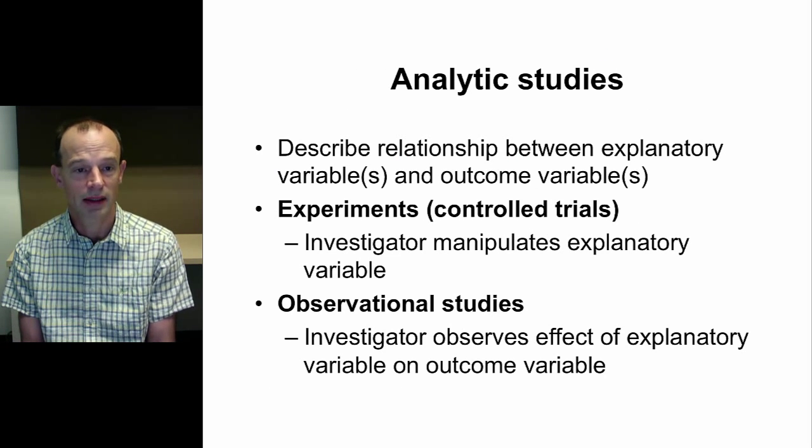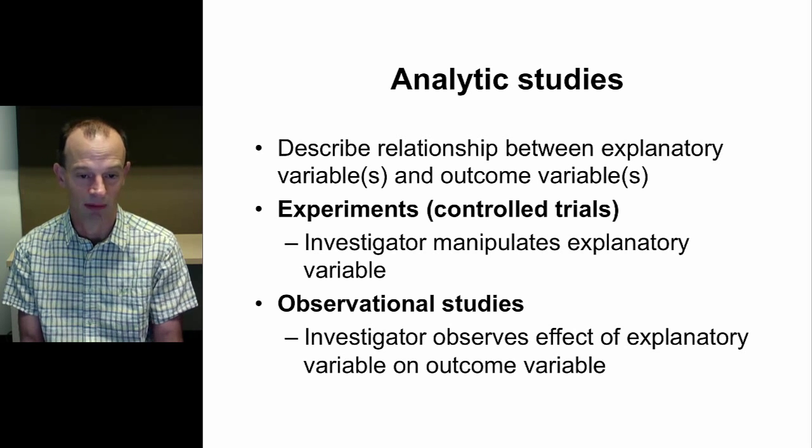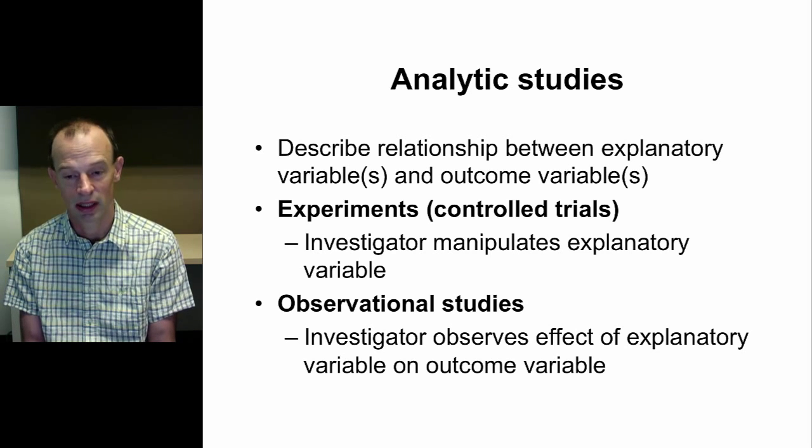So back to analytic studies. So these studies where you're testing a hypothesis describe the relationship between one or more explanatory variables, or sometimes called predictor variables, and a particular outcome variable. So as I mentioned, there's experiments such as controlled trials where the investigator directly manipulates the explanatory variables or assigns people exposure to a particular intervention.